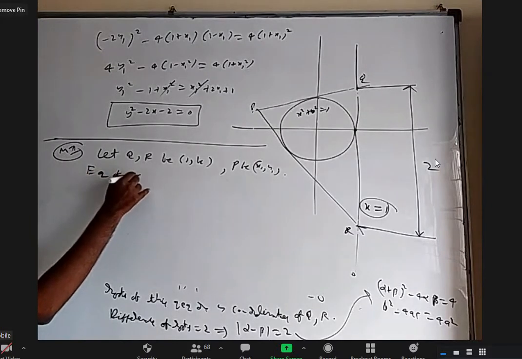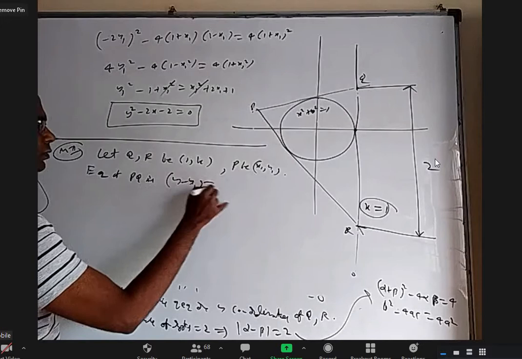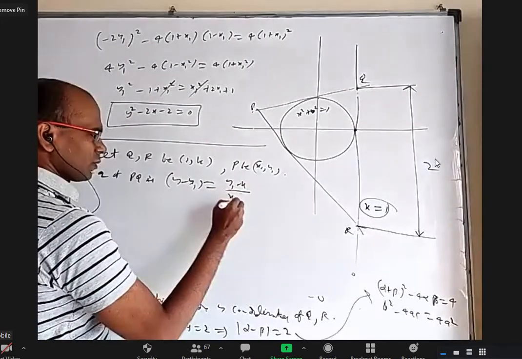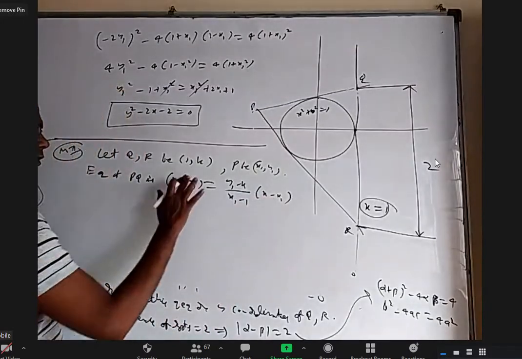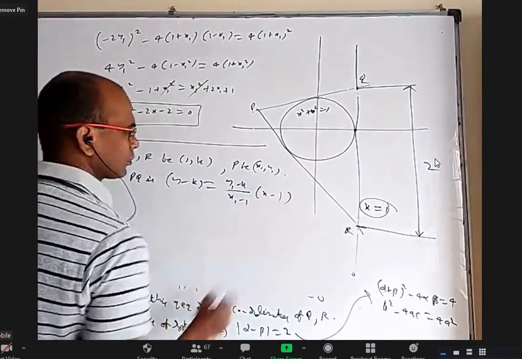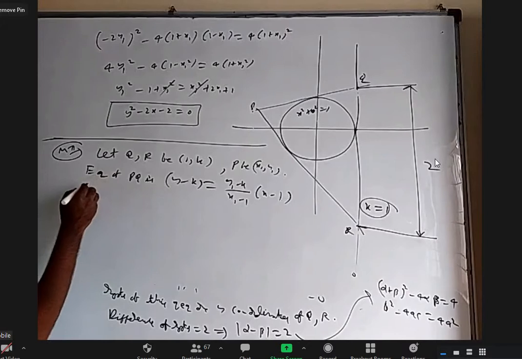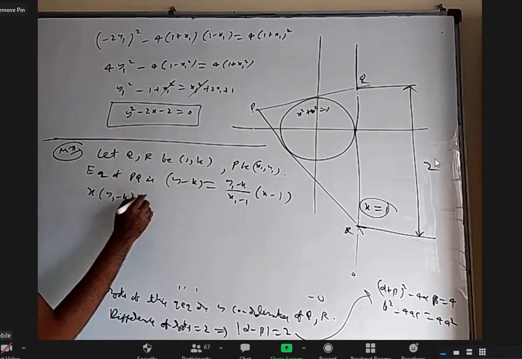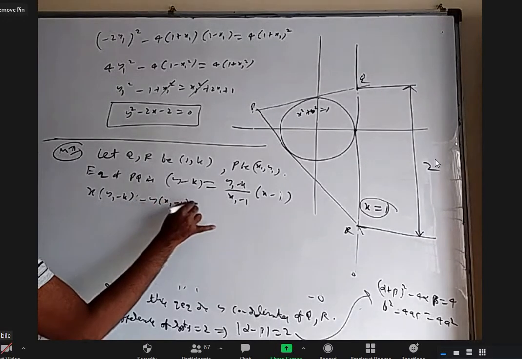Equation of PQ is y minus y1 equals y1 minus k by x1 minus 1 into x minus x1. Or I can put k in. So expand this: x into y1 minus k minus y into x1 minus 1.